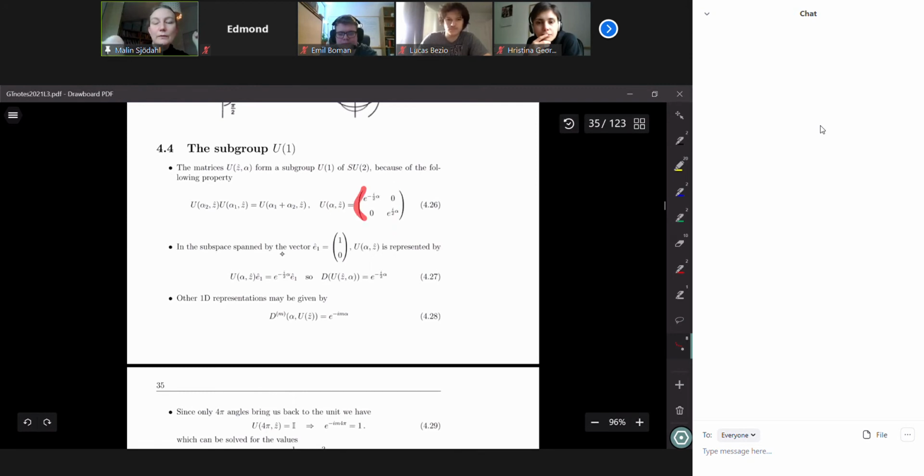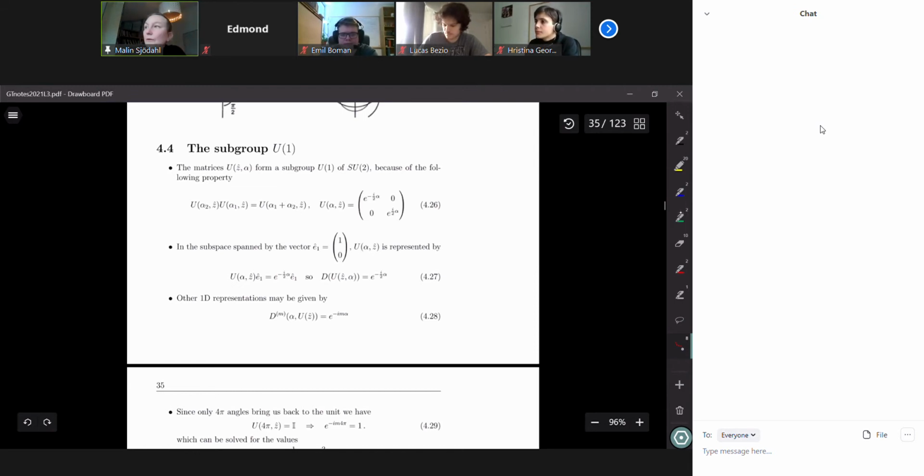all the U's of this form will actually form a subgroup. Now this is entirely trivial to see, because if we just multiply two of these together, it will have the effect of adding up the arguments if we have one alpha 1 and one alpha 2 here. But we have different phases up here and down there. So in the subspace spanned by this vector, acted on by the first guy here, we see that we have this e to the minus i over 2 times alpha.